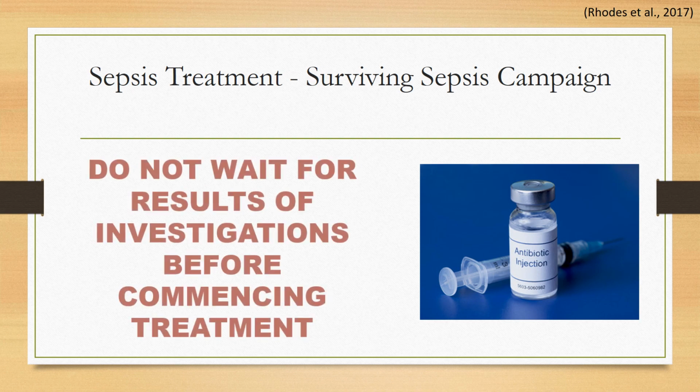As we're all very aware, it is very important not to wait for the results of our investigations before commencing treatment. So do not wait until you get a CRP or a white cell count or anything like that back. If their qSOFA is up and they have a suspected infection, start treating them as if they are septic.